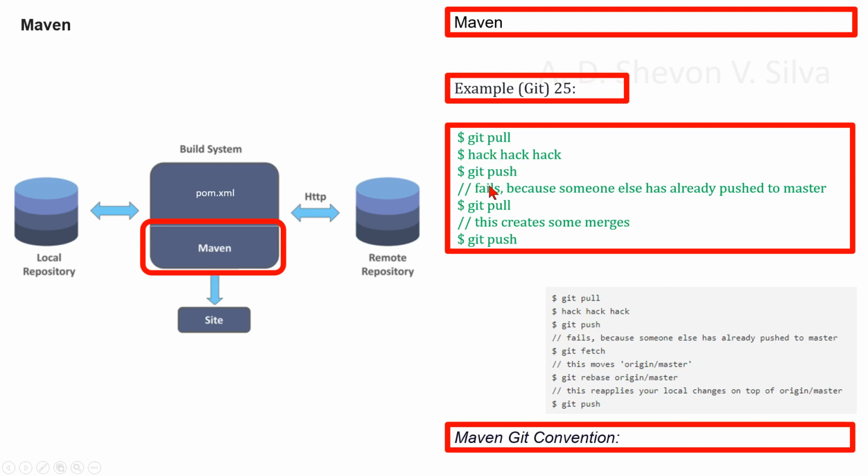It fails because someone else has already pushed to master, and this creates some merges. This moves origin/master, and this reapplies your local changes on top of origin/master.